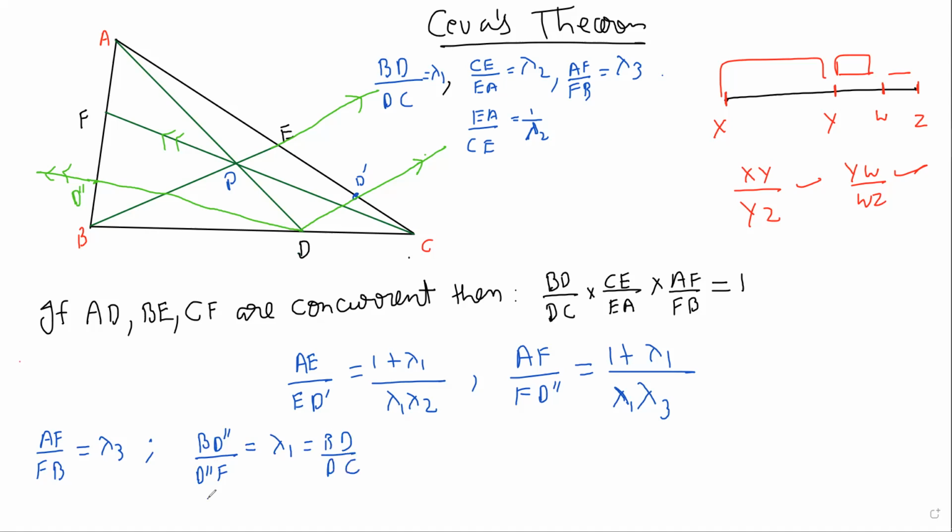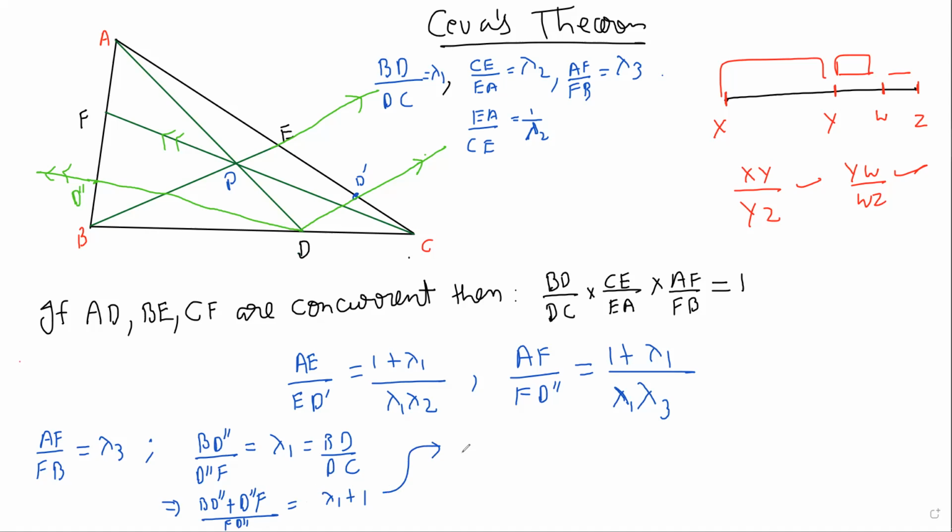Even lambda 1 will get replaced by 1 by lambda 1. Let's see. So BD double prime plus D prime F, FD double prime, is equal to this one.